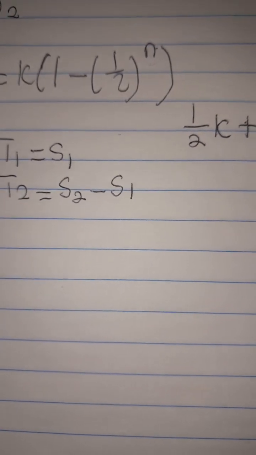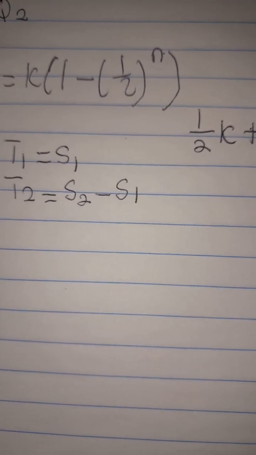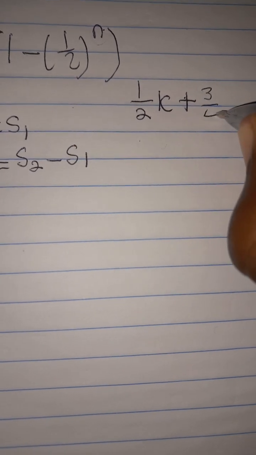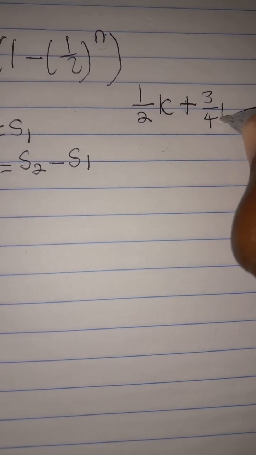Plus, let's plug in 2 now and see what we get: 3 all over 4 k, and you can do the same thing with the other terms.